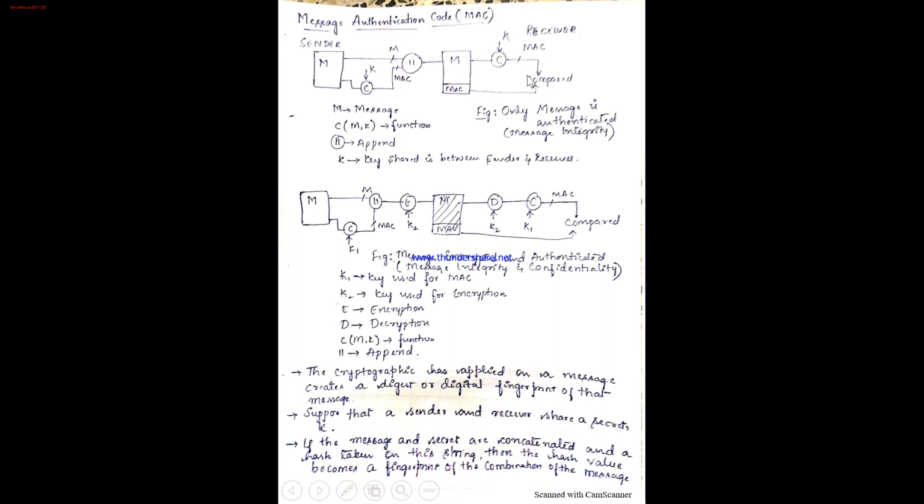If both are the same, then he'll conclude that the message has not been intruded upon or modified by anyone, because even if a bit is modified, he'll result with a different MAC.